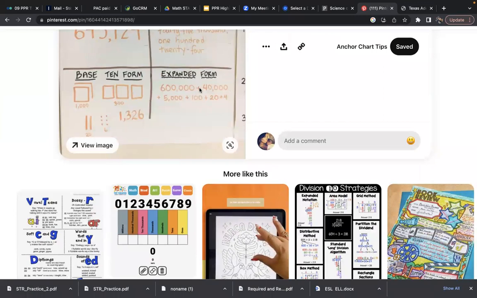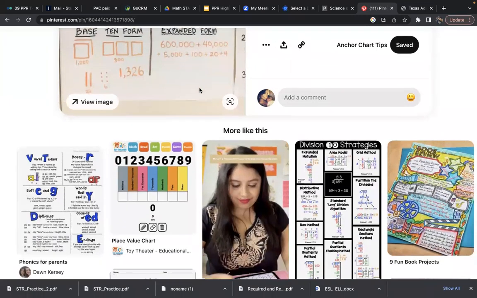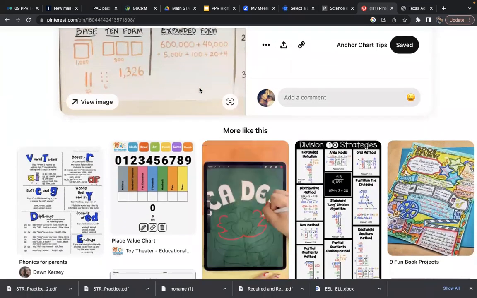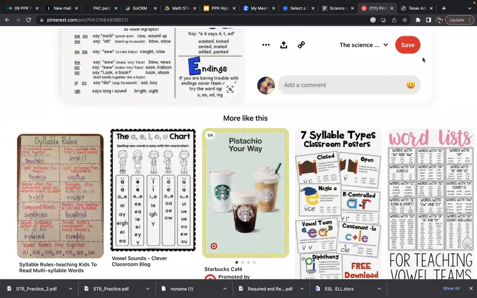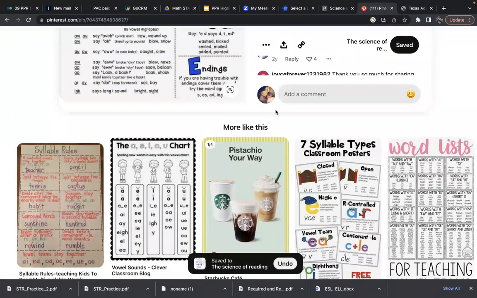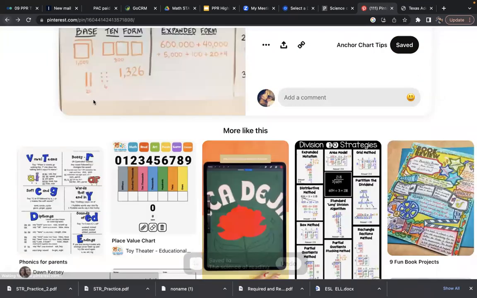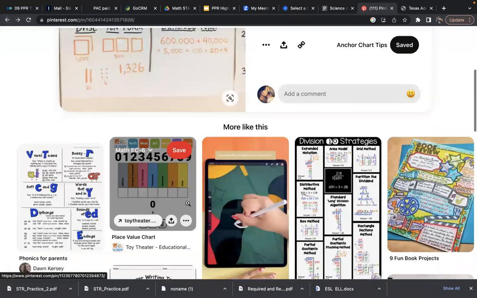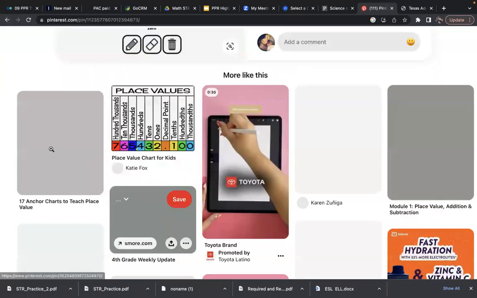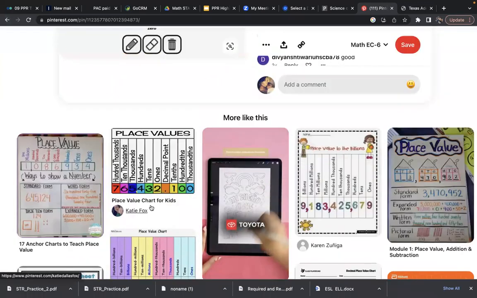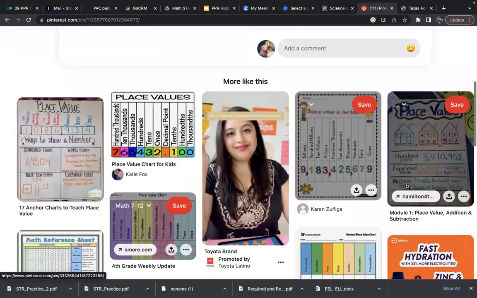There was such a great resource. I'm trying to think of what it is. Place value.